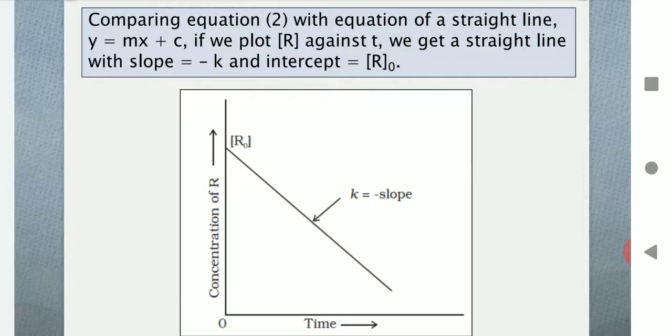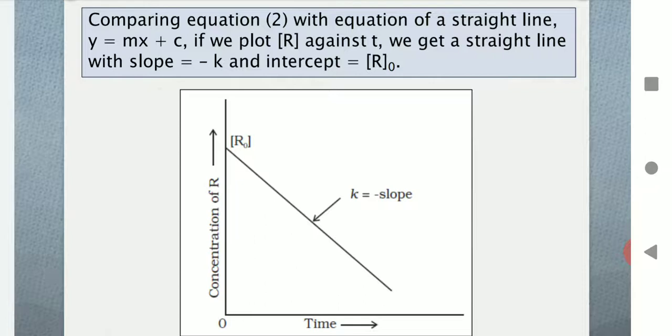That is, it will be sloping downwards, and the intercept of this straight line, the point where it is cutting the y-axis, will represent the value of R naught. And if you calculate the slope of this straight line, it will give you the value of K. So slope is equal to minus K, intercept is R naught, and this is the case when you are plotting a graph of concentration versus time.